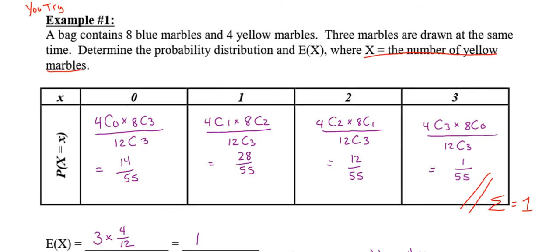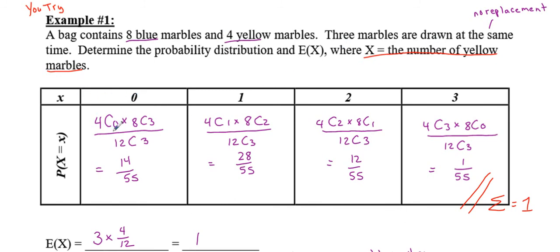Okay, welcome back to the video. Hopefully you tried this on your own. So there are 8 blue marbles and 4 yellow marbles. And whenever they're drawn at the same time, that means no replacement. So this is hypergeometric. So we start off with 0 yellow. So remember, X is the number of yellows.